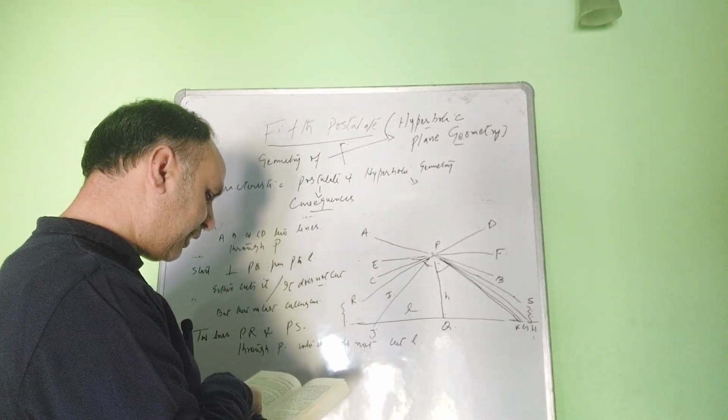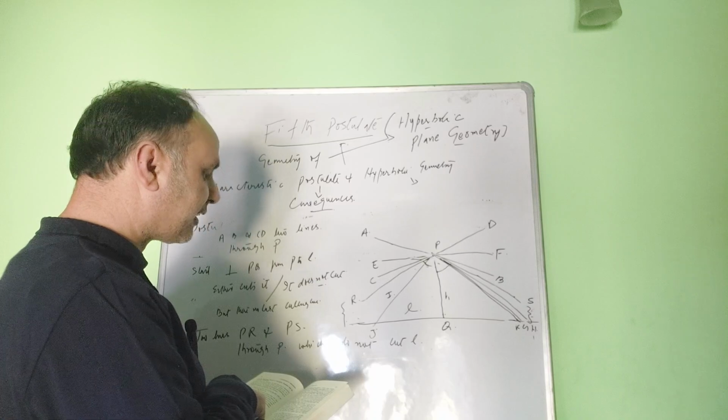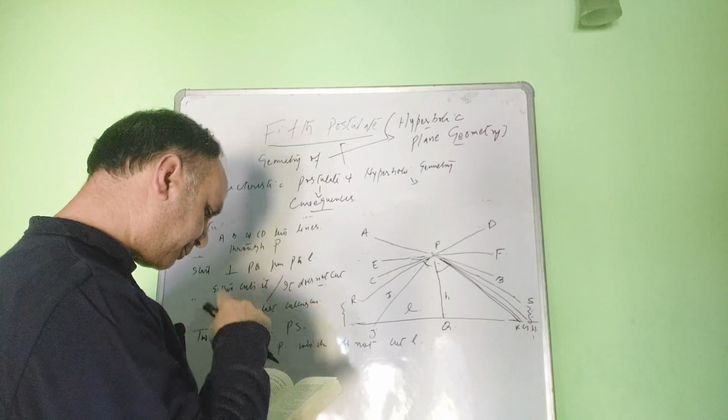So this angle RPQ and this angle SPQ are equal. If they are not, one of them is greater, say RPQ.